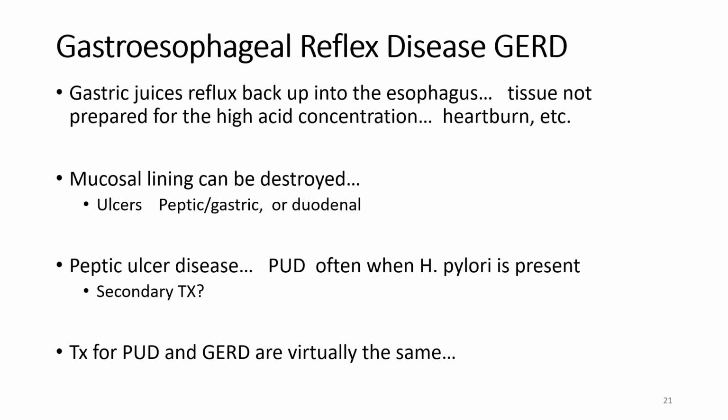When H. pylori is present, peptic ulcer disease is typically treated with one of the ones we just talked about, like the proton pump inhibitors and those types, in addition to an antimicrobial. Okay, so there is a secondary treatment for peptic ulcer disease if H. pylori is the cause. So you'll need to know that. Basically the treatment for peptic ulcer disease and GERD are the same.